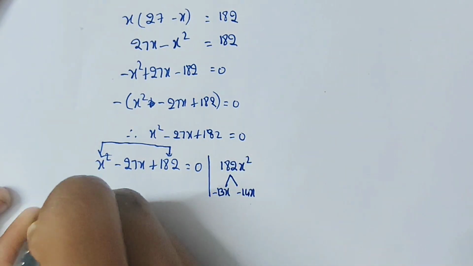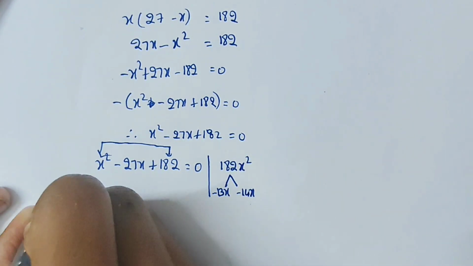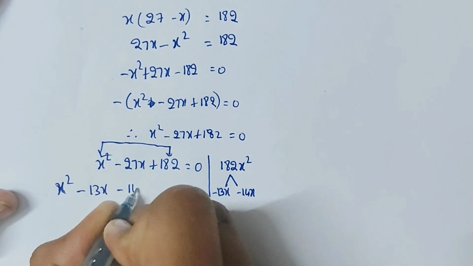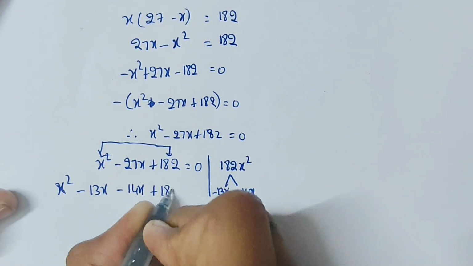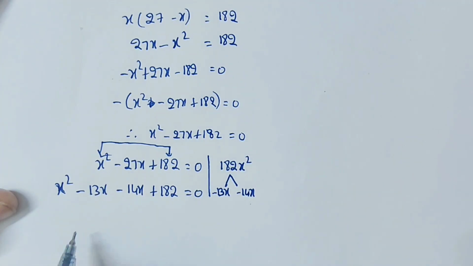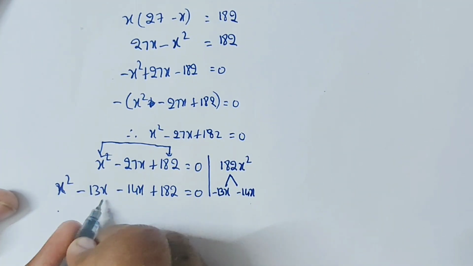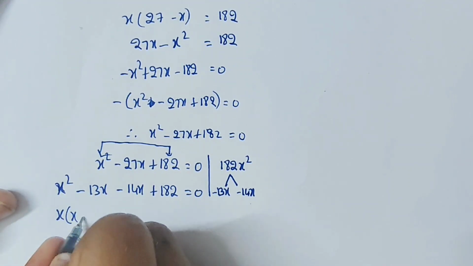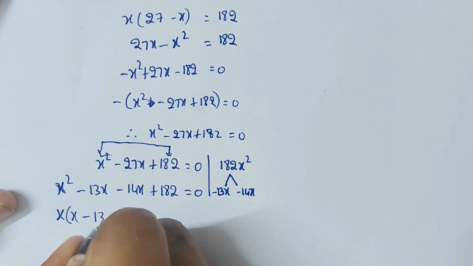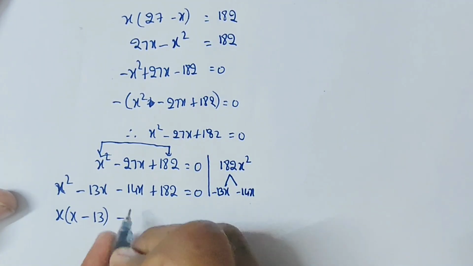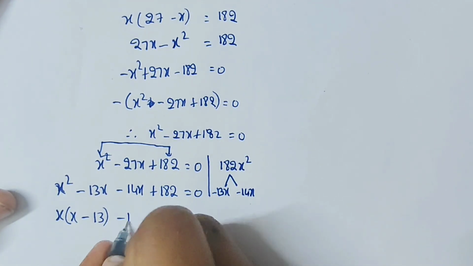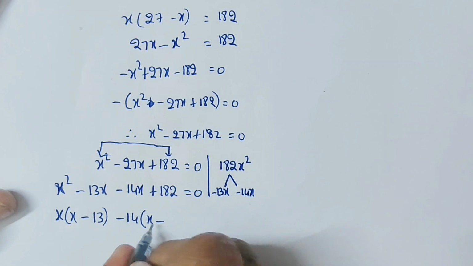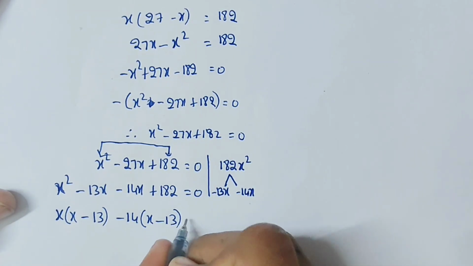So I am writing x square minus 13x minus 14x plus 182 equals 0. Here in the first two terms, the common factor is x. So x into x minus 13 gives x square minus 13x. From the last two terms, minus 14 is common: minus 14 into x is minus 14x, minus into minus is plus, 14 times 13 is 182, equals 0.